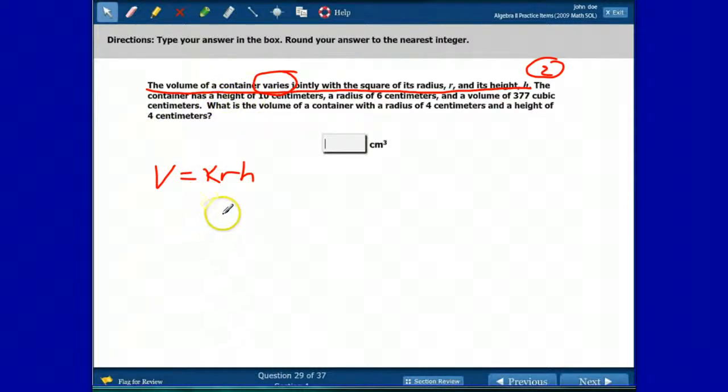So the height is 10. The radius is 6. And the volume is 377. So 377 equals, and I don't have K, equals 60K. Divide by 60.